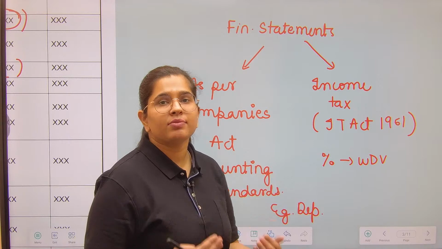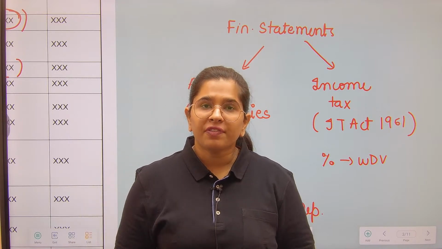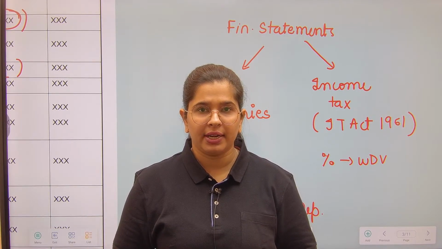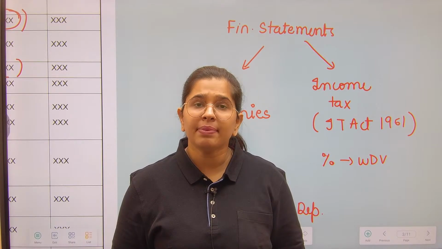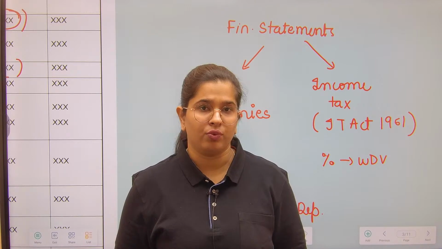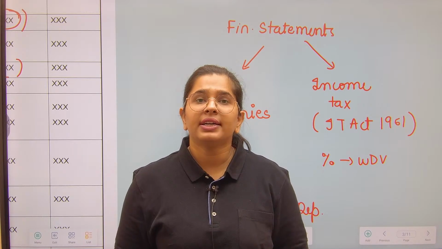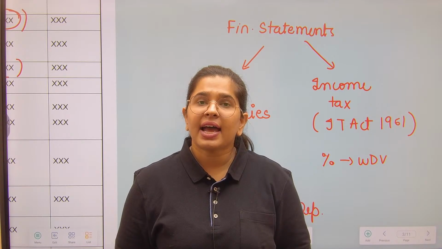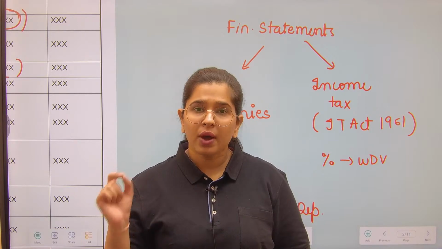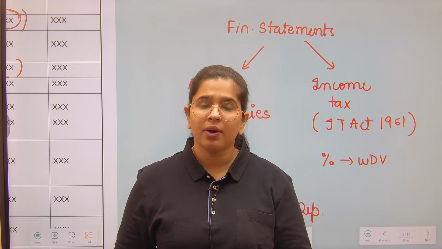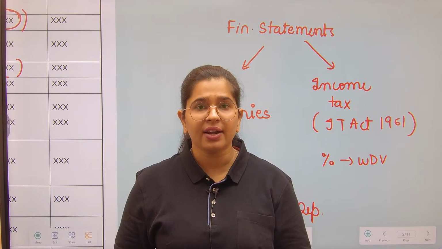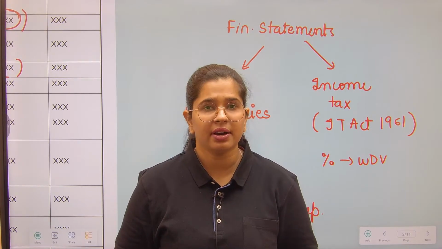So finally, what I am trying to tell you is the profit which you have calculated might differ from the profit on which income tax is levied on you. So therefore, deferred tax arises. Deferred tax is the difference between the tax liability that you have calculated and what your tax liability has been arrived at as per the Income Tax Act.